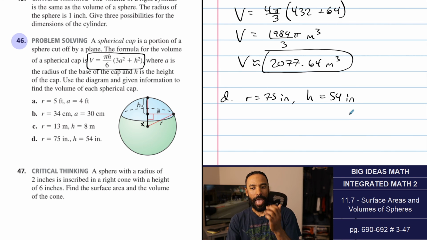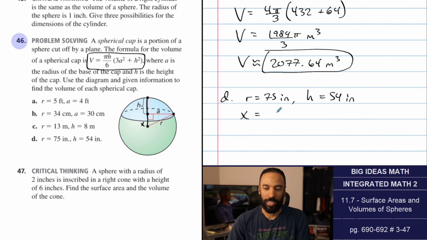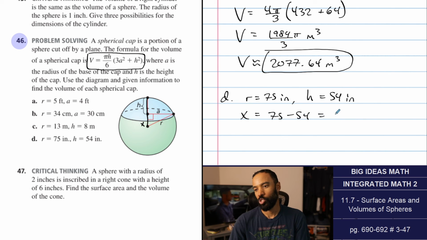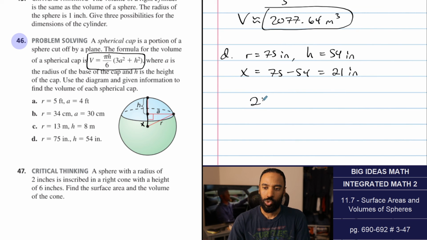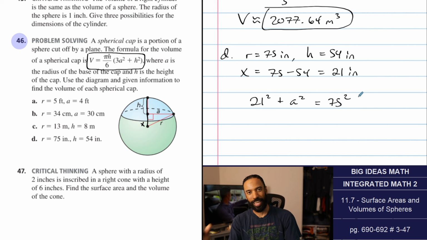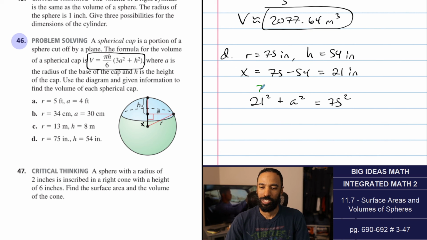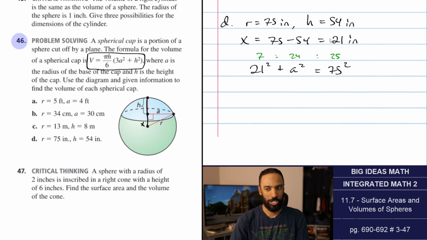So X is still that R minus H, which is 21 inches. So this is 21 squared plus A squared equals 75 squared. And guys, this is a 7, 24, 25 Pythagorean triple. You know how you can see the 7 tripled, 25 tripled. What's 24 tripled? 72.